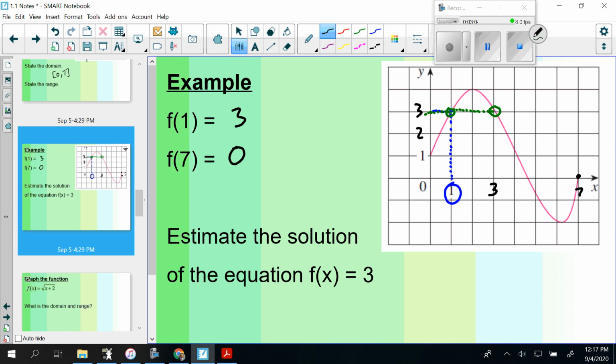At x equals 3, it also passes through a y value of 3. So the solutions to this would be x value of 1 and x value of 3 both give a y value answer of 3. Or in other words, both f of 1 equals 3 and f of 3 equals 3. So 1 and 3 would be the two solutions.